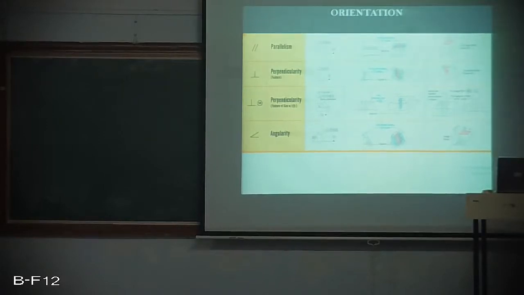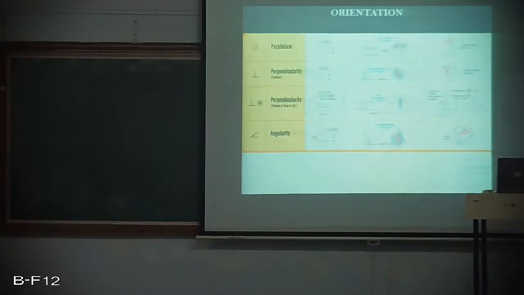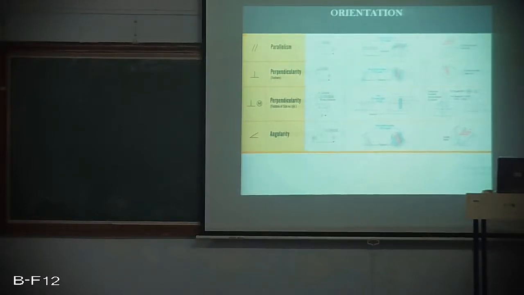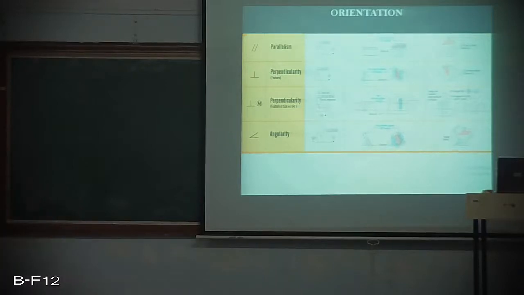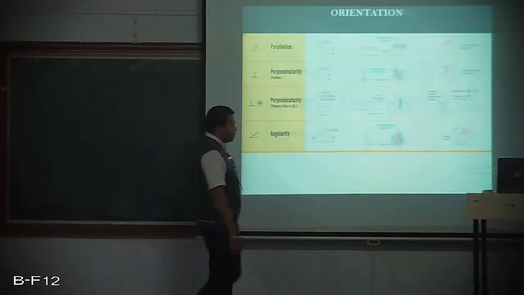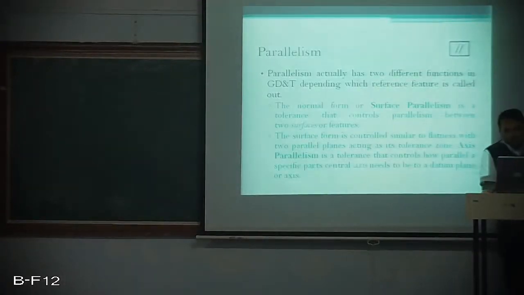As the name itself suggests, parallelism is used to control the parallelism between two surfaces, and perpendicularity is used to control the perpendicularity of the surfaces, and angularity is used to control the angle between two surfaces which are inclined to each other. So, let us discuss the symbols here.